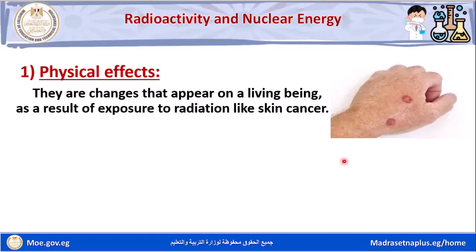According to physical effects, they are changes that appear on a living being as a result of exposure to radiation, like skin cancer. Skin cancer is from the physical effects of radiation.